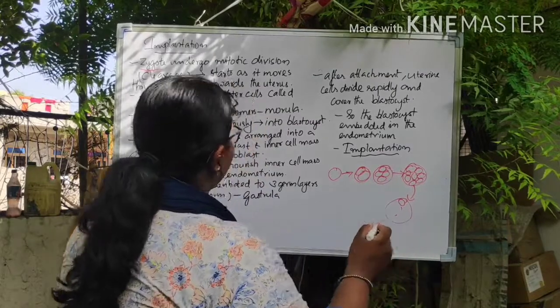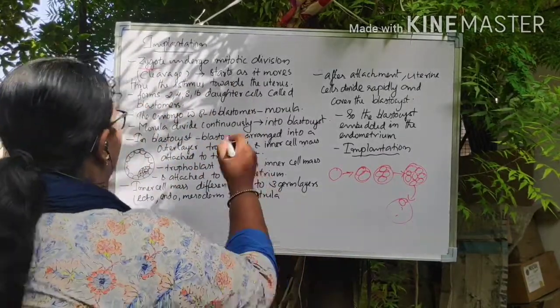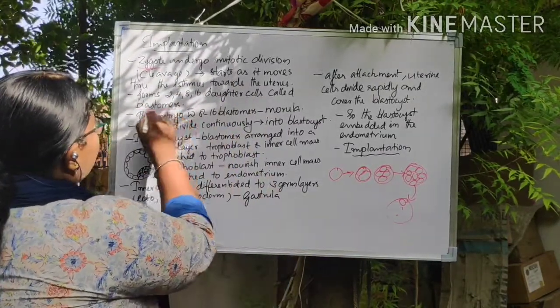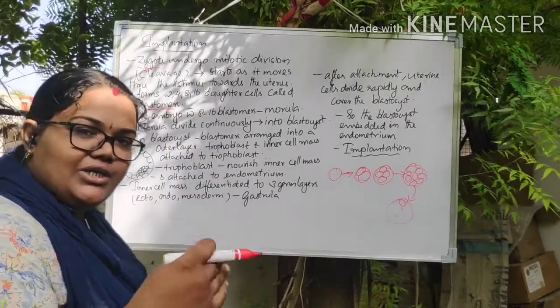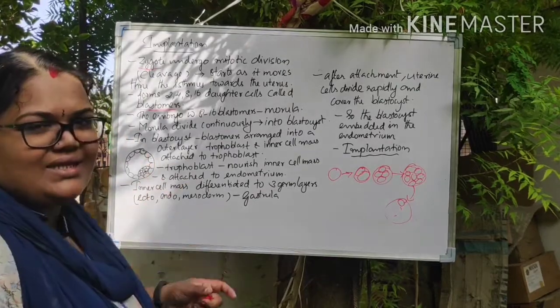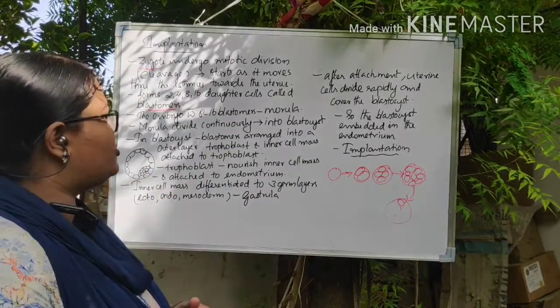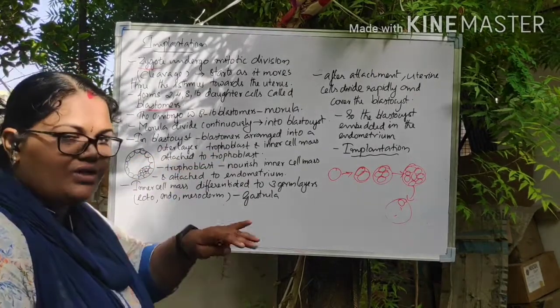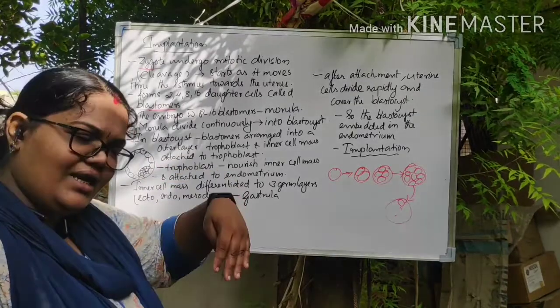All these stages we will name as blastomeres, right. The zygote undergoes continuous mitotic division, and this division is called cleavage, and they will start moving towards the isthmus region and into the uterus.